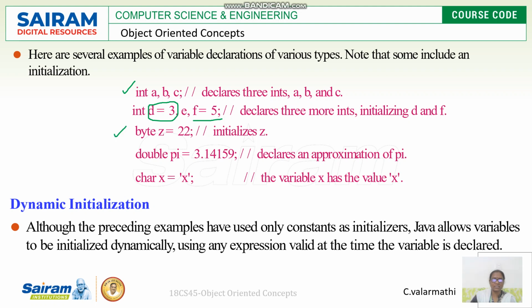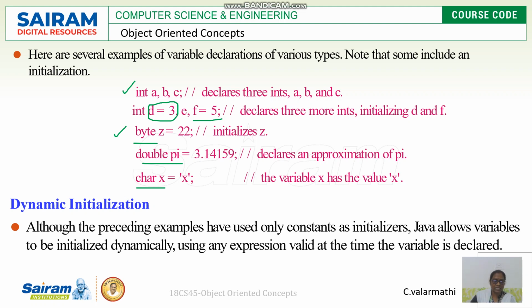Next is byte. byte z = 22 is another variable declaration of type byte. Then double pi = 3.14159 is another double type declaration. And char x = 'x' is also another one.